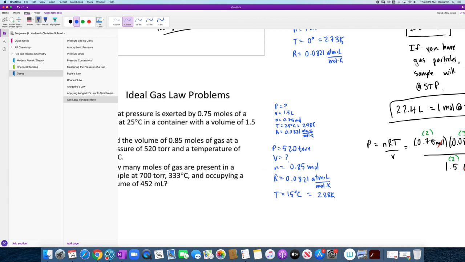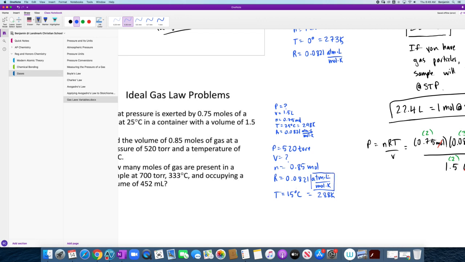That's because of the unit in the universal gas constant. We only get this constant value when we measure these variables of our gas with these particular units. So we have to use the units that are in the unit of the universal gas constant.